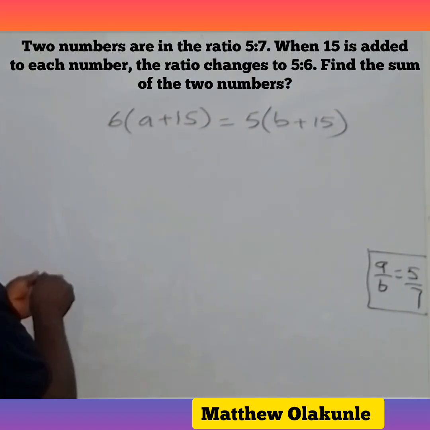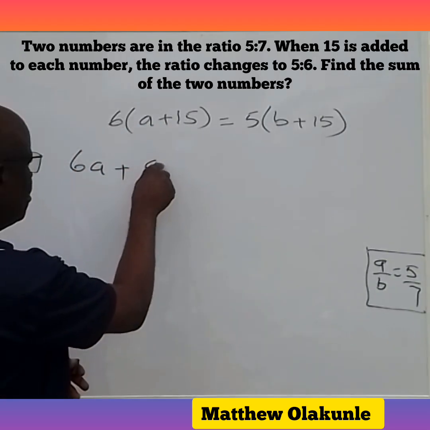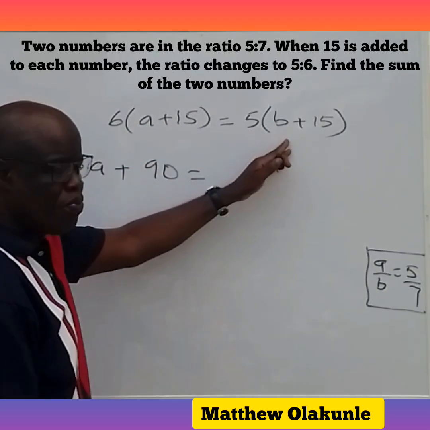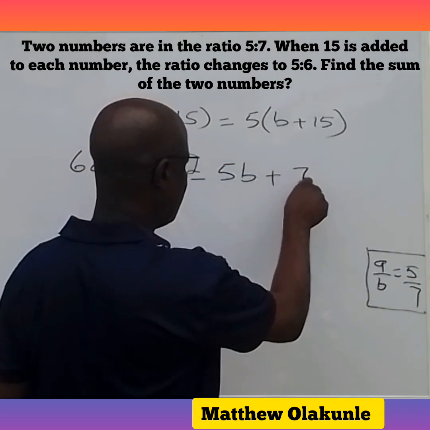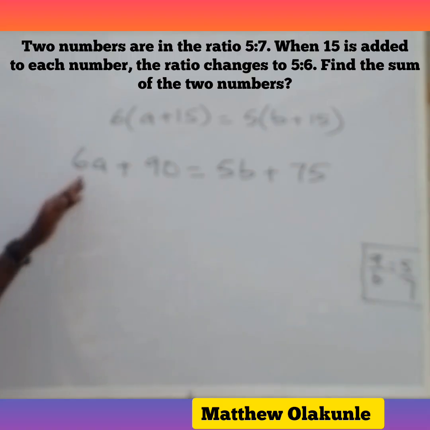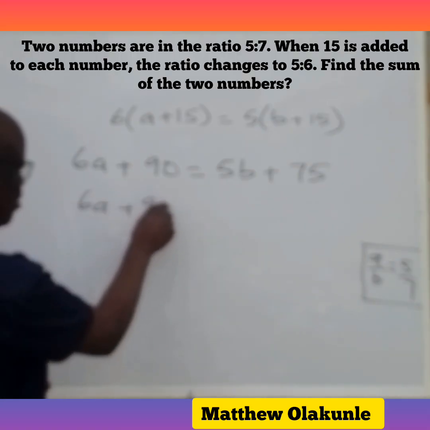Can we simplify this one further? 6 times A, 6A. 6 times 15, 90. 5 times B, 5B. 5 times 15, 75. Now we have 6A plus 90.